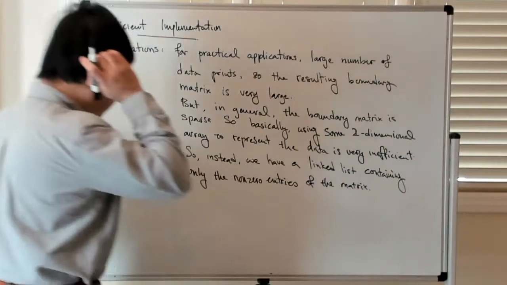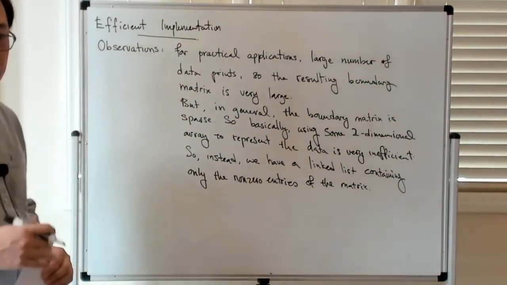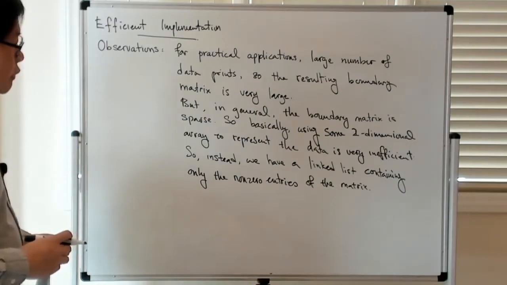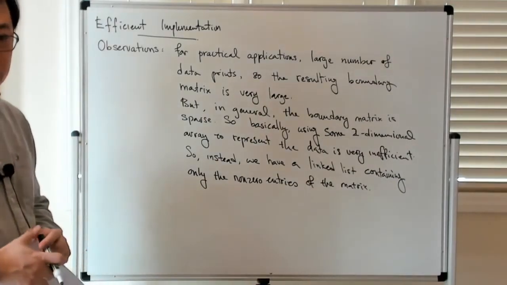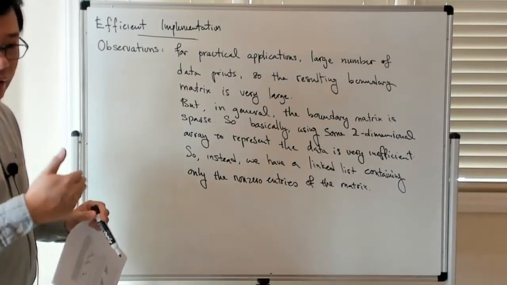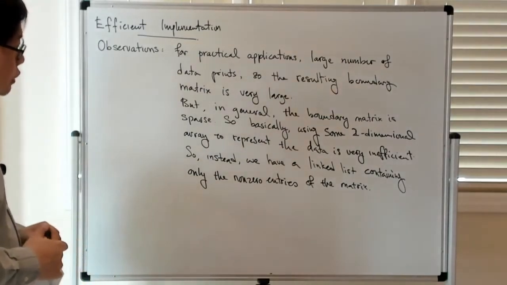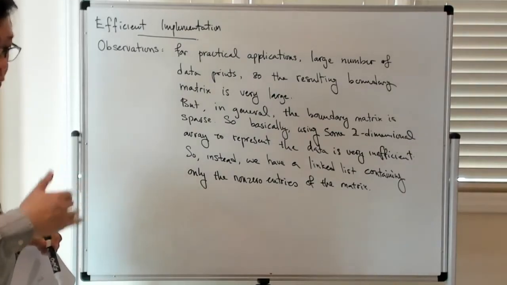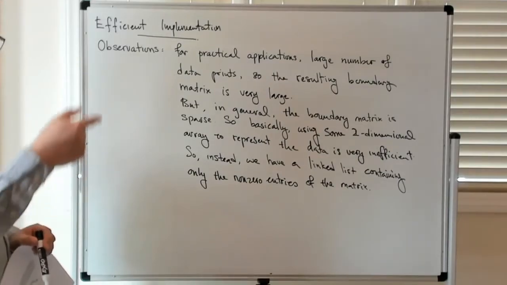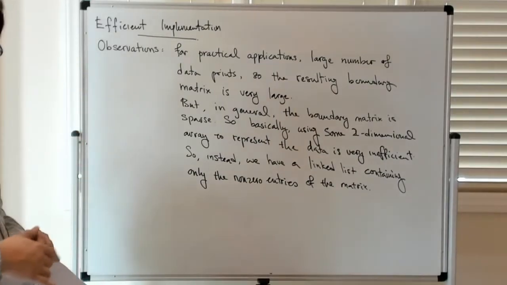In the context of the reduction algorithm, if you recall, all the operations we did involved basically adding one column to another. So in that situation, it's very natural to have a linked list which just consists of the ones in a given column.